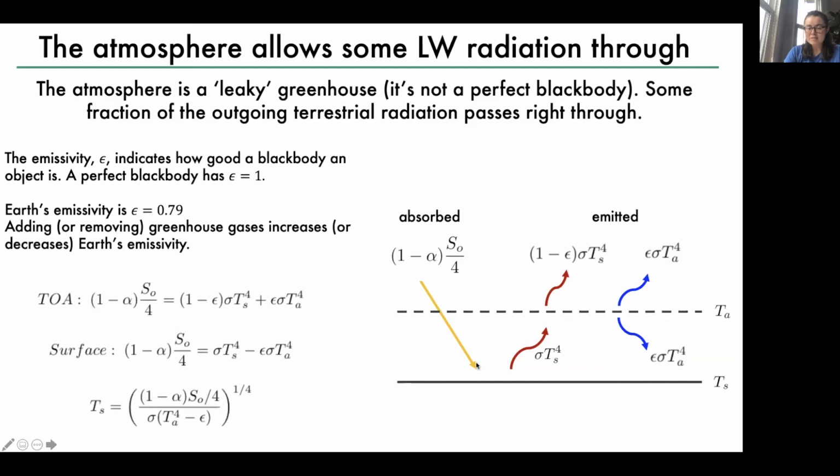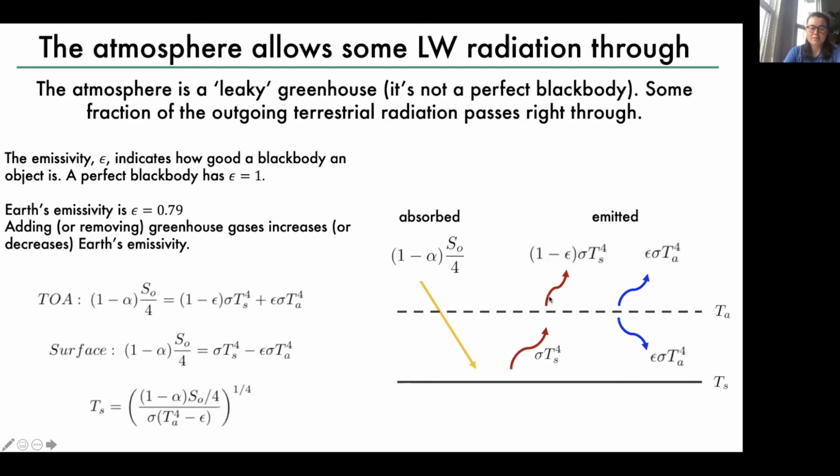So now we just have a couple more terms. We still have the same absorbed solar radiation term, that's just modified by the albedo. And we still have the same terrestrial radiation term. And some of that, 1 minus epsilon of that, just goes straight through the atmosphere. But some of it is absorbed by the atmosphere and re-emitted both out to space and back down to the surface.